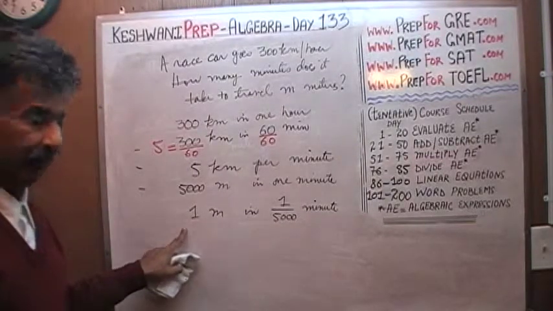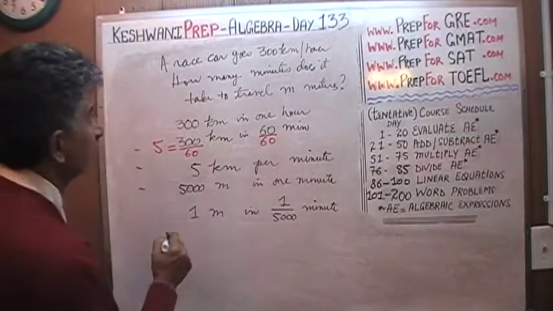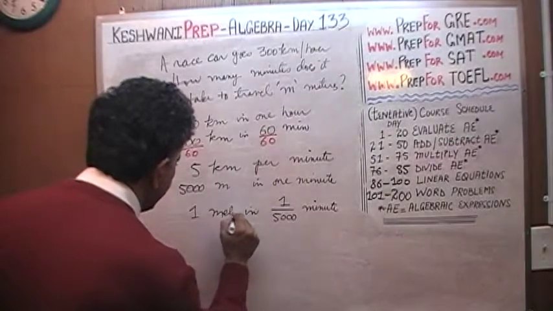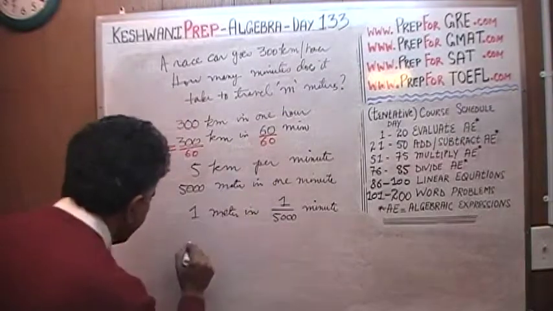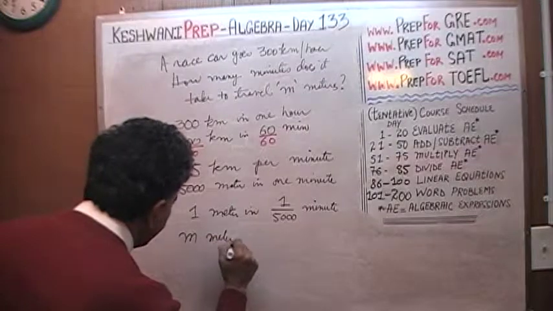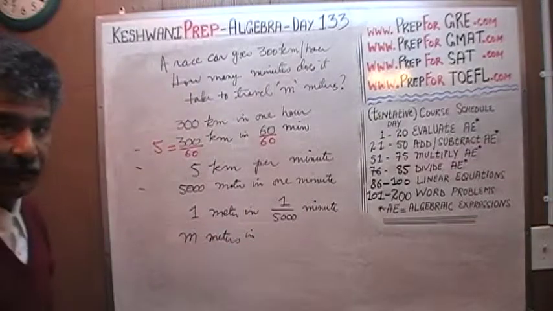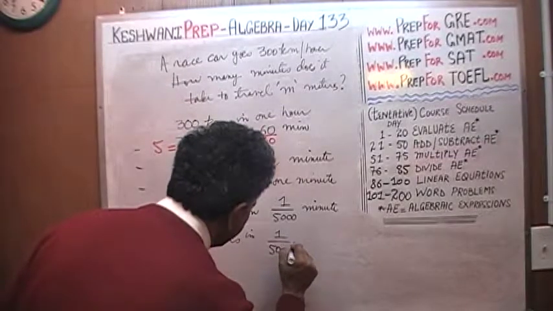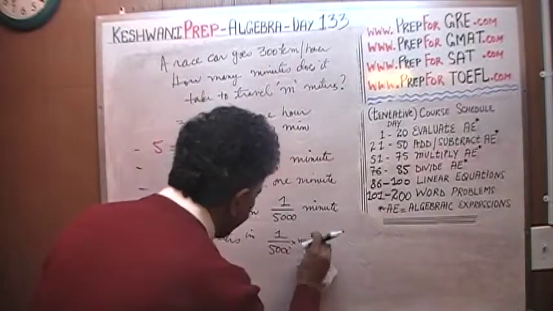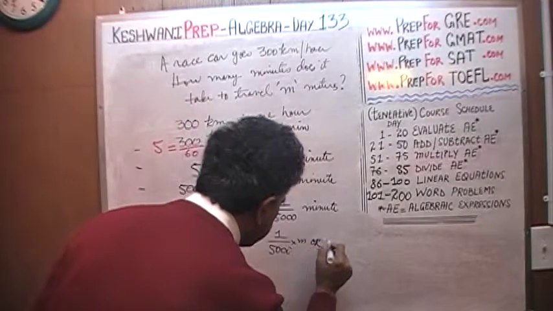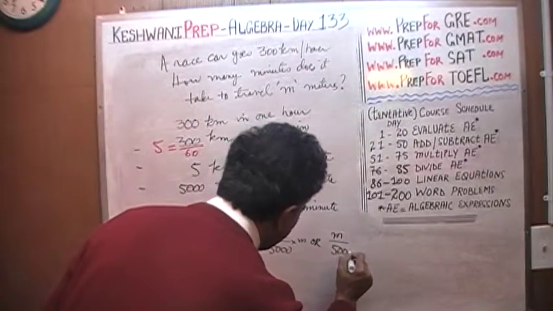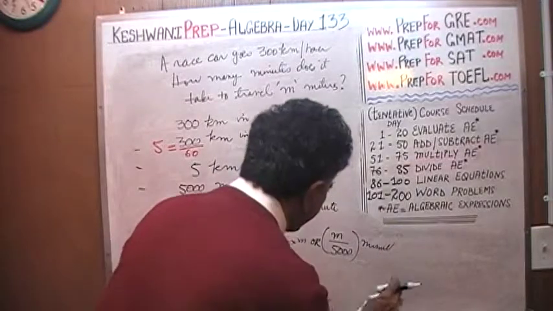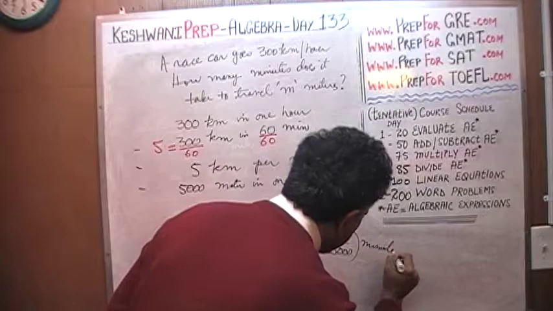We do not want to go 1 meter, we want to go m meters. But this is going to be annoying because this is m and this is m for meter. Let me spell it out. So m meters will take us m times the amount: 1/5000 times m, or m/5000 minutes.